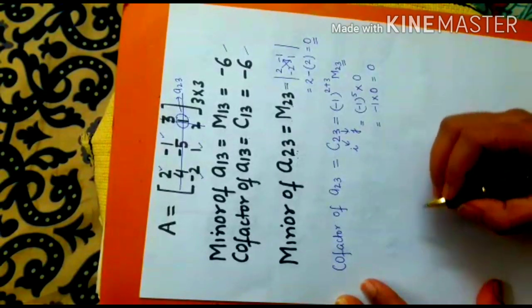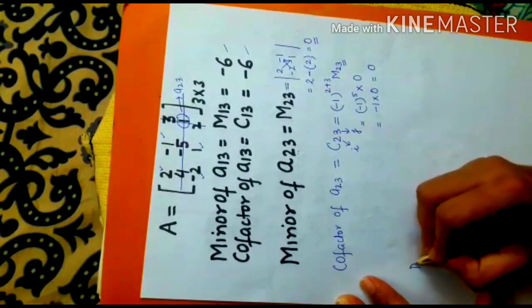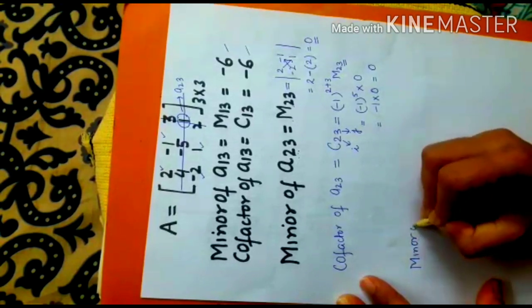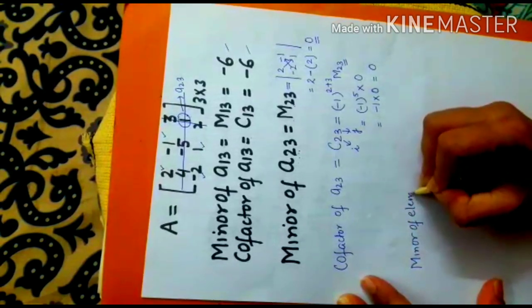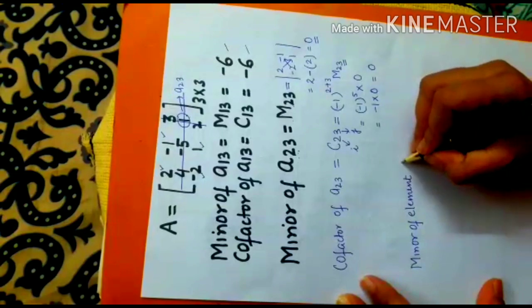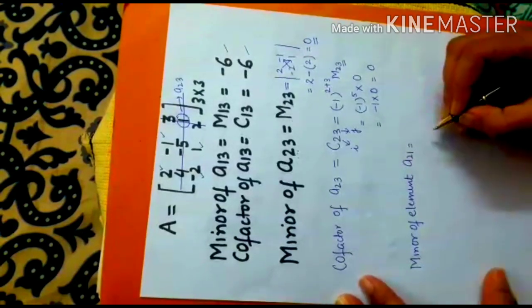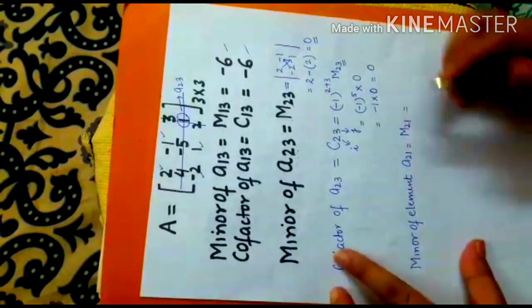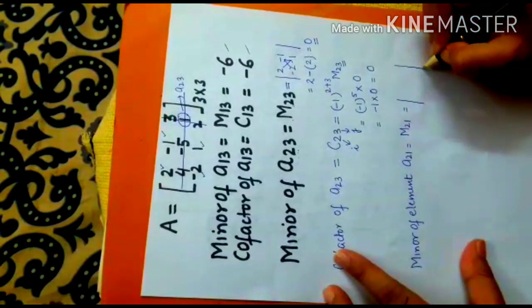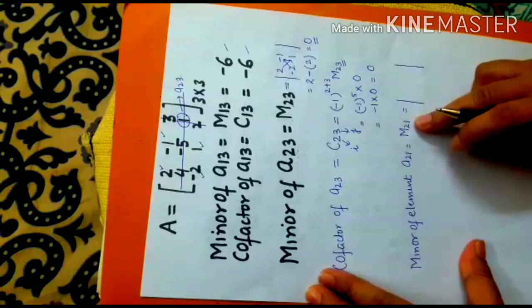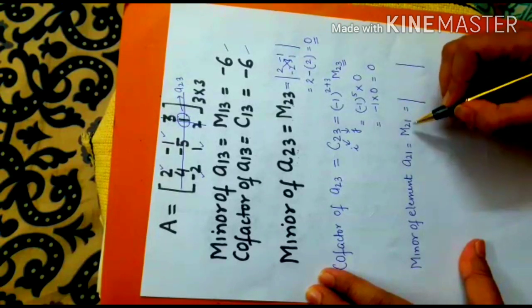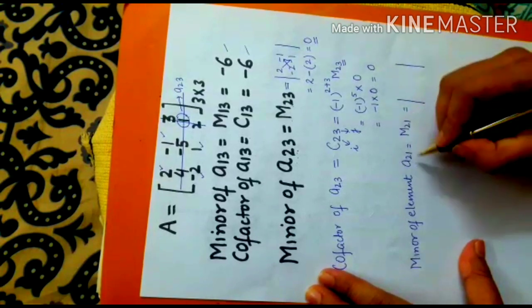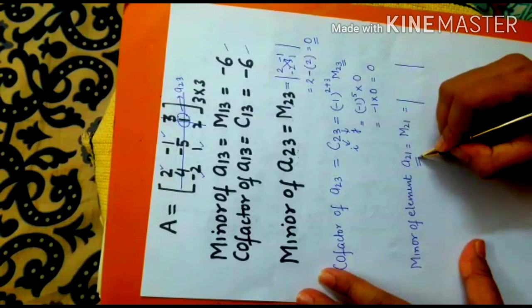Let's take another example. The minor of element A21 is denoted by M21, and it is equal to the determinant obtained by deleting the row and the column in which this element lies.